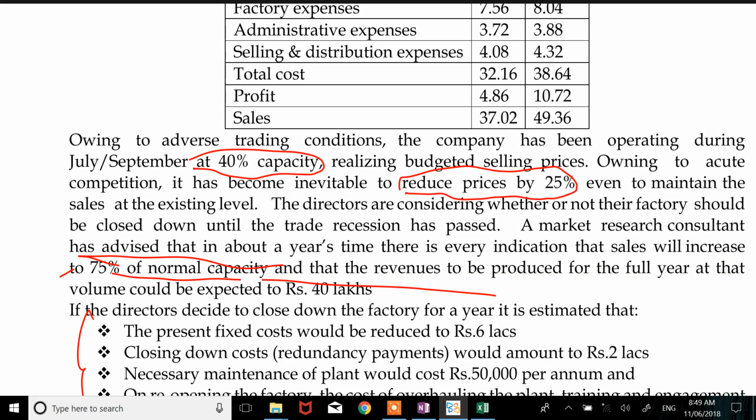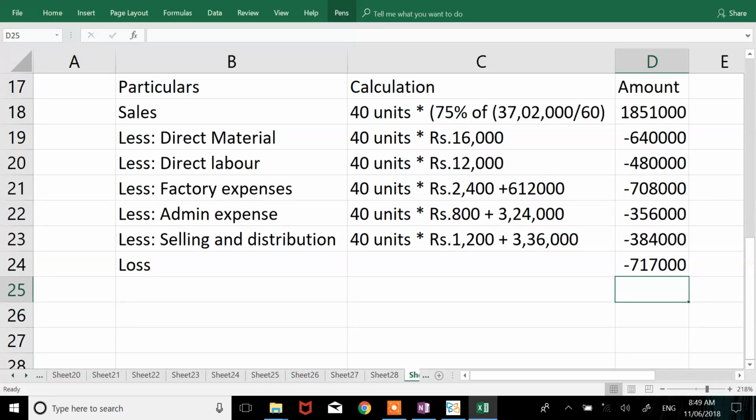Shutdown point equal to fixed cost during operation minus fixed cost during shutdown minus additional fixed cost to resume operations, divided by contribution per unit.